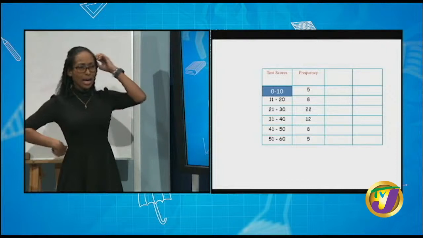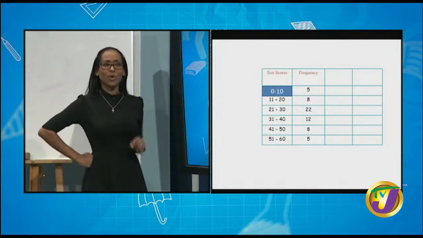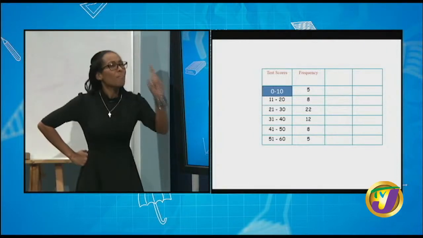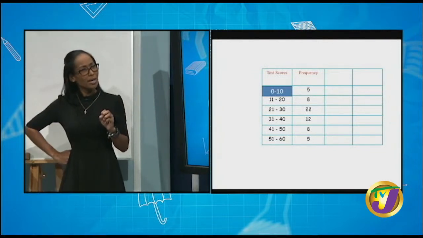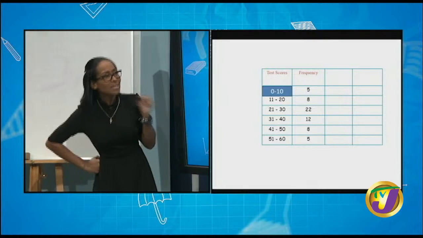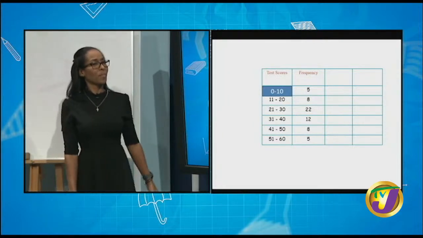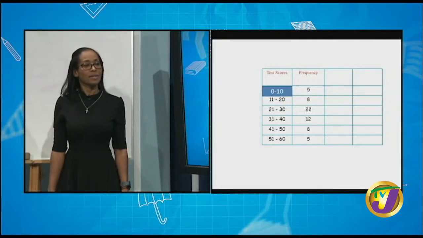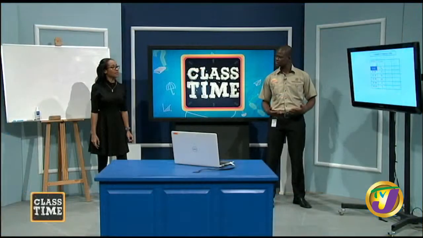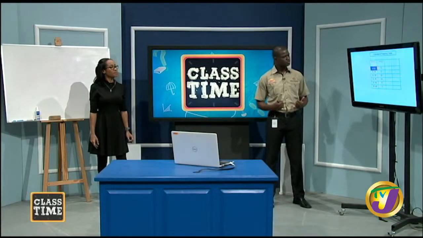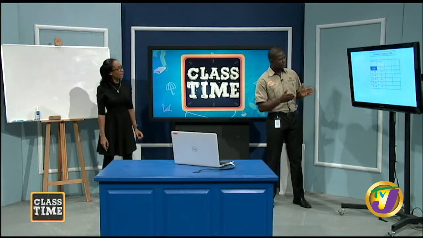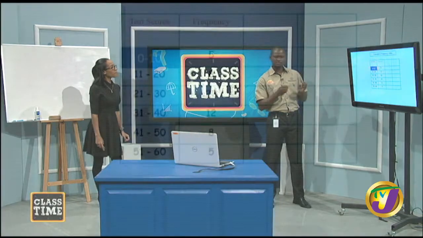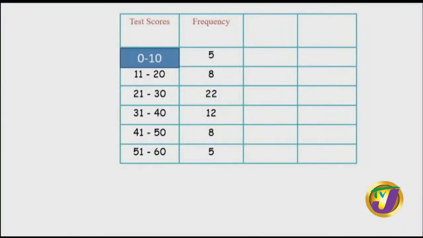I'm wondering about frequency. I remember we learned that in class, I think it was last week or the week before. Can you remind me what frequency is? Yeah, definitely. Frequency is how often a particular event happens. For example, in this band 0 to 10, the 5 there suggests that there are 5 scores in that band.